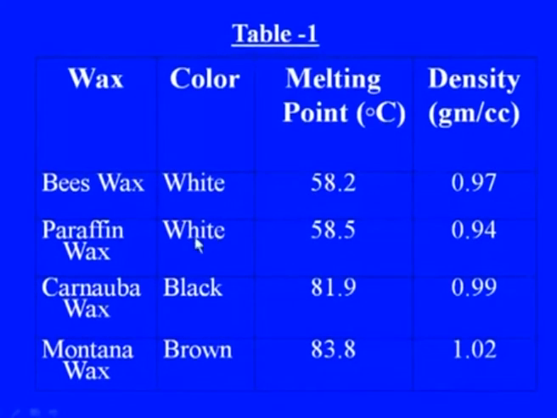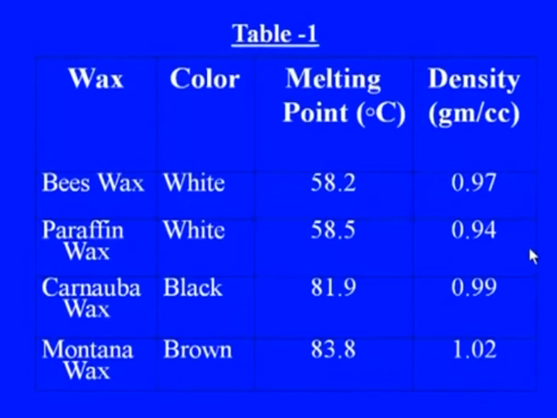Then paraffin wax also appears white. Melting temperature is almost similar to that of beeswax, which is 58.5 degrees Celsius, and density is also along similar lines, slightly less than the beeswax. This is 0.94 gram per cubic centimeter.